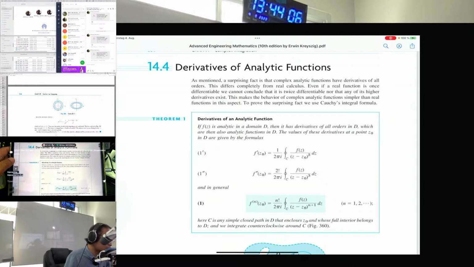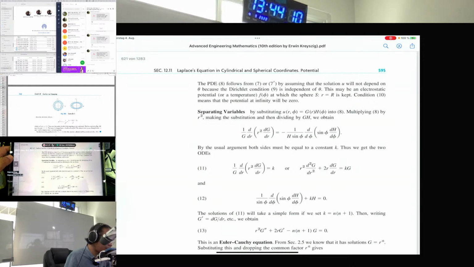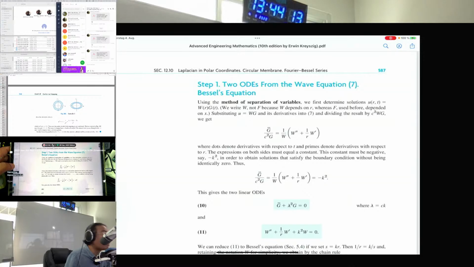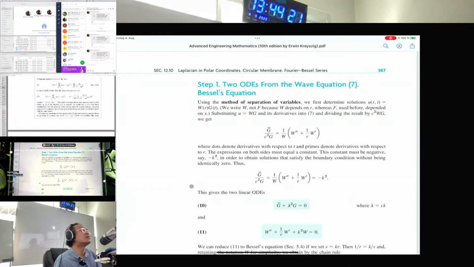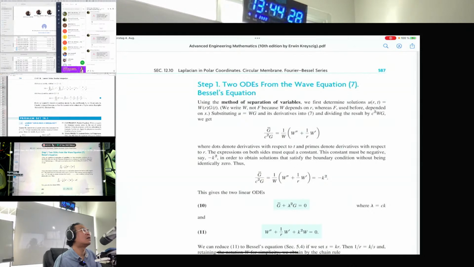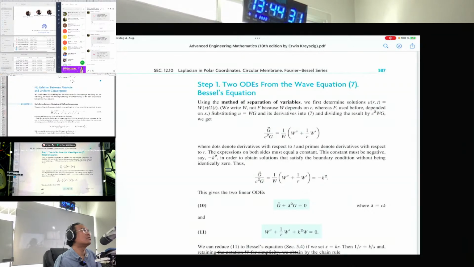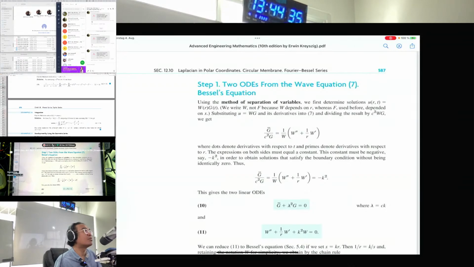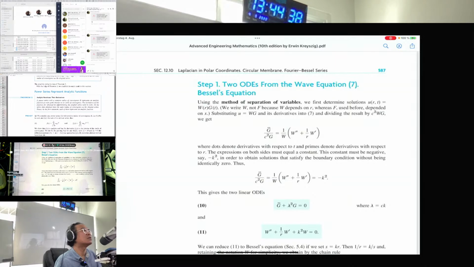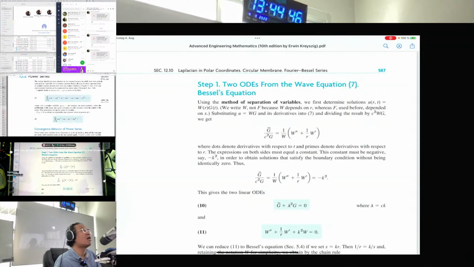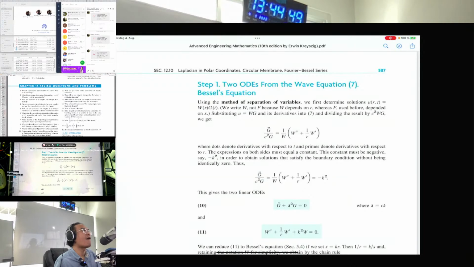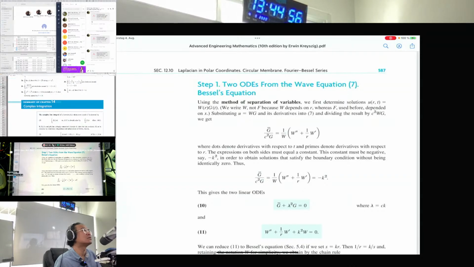Analytic function. Uniform convergence. This is complex integration.